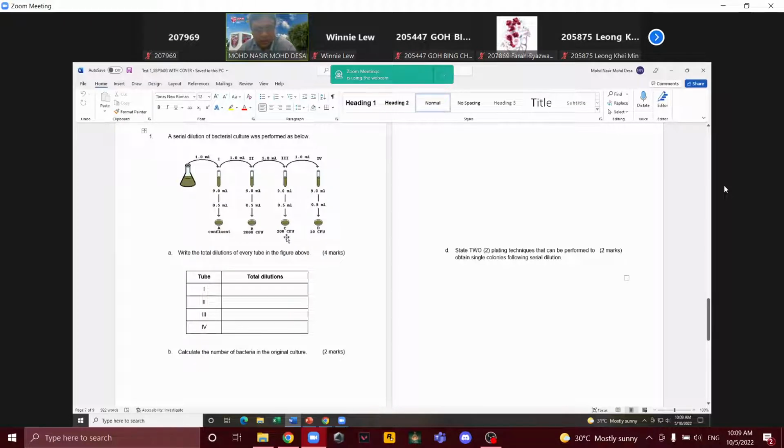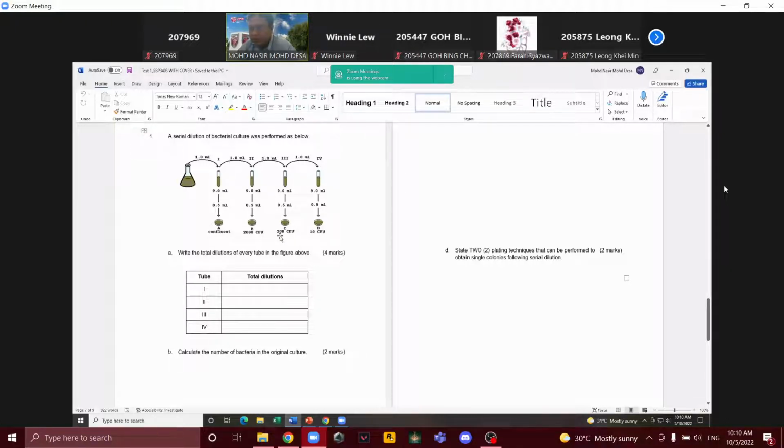Tip number 3 has 200 CFU, while the rest are over the range. This is too much. Tip B, 2000, which is over 300, we just exclude. And the last one is about 10, which is too low. So we just exclude. The one that falls within the range is tip number 3.